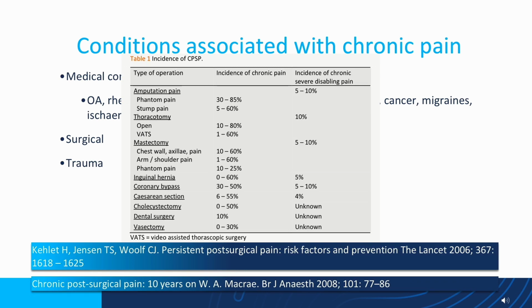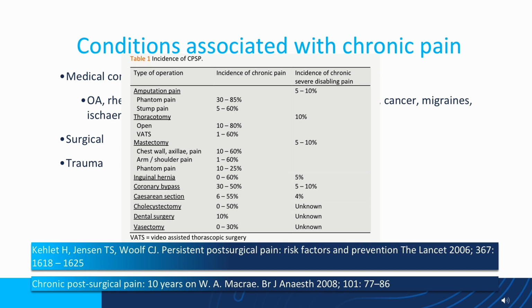We know about amputations, they can get phantom pain or stump pain. We know about thoracotomies, even the minimally invasive thoracotomies, a VATS procedure, can cause pain. So just because they've had a couple of keyhole incisions for thoracic surgery doesn't mean they're not going to get it. Mastectomy is quite a common cause of pain. Hernia surgery, bypass surgery.